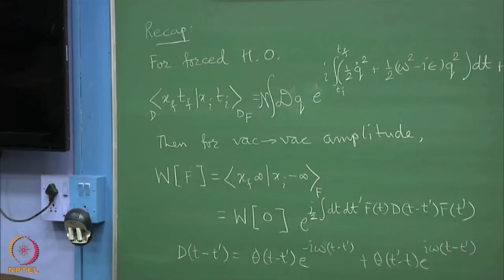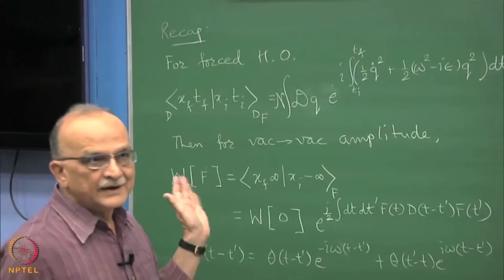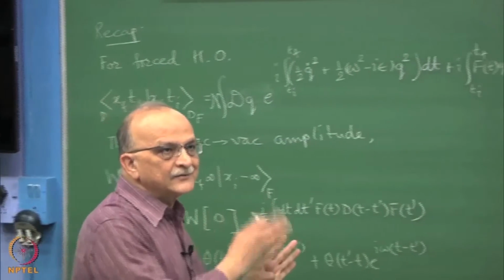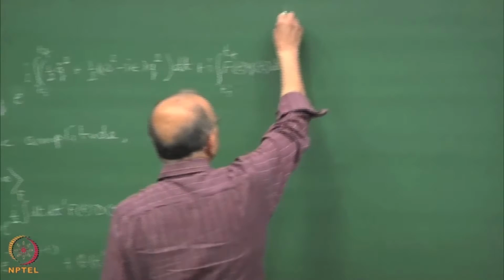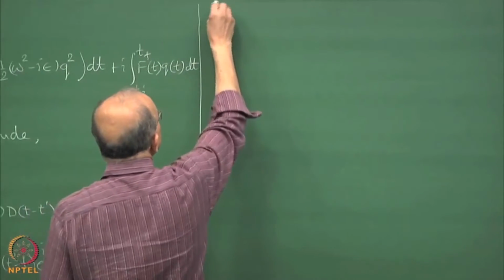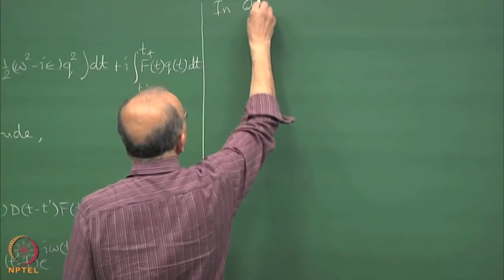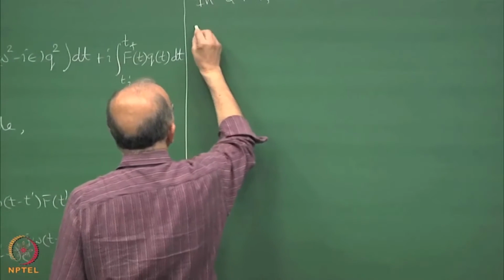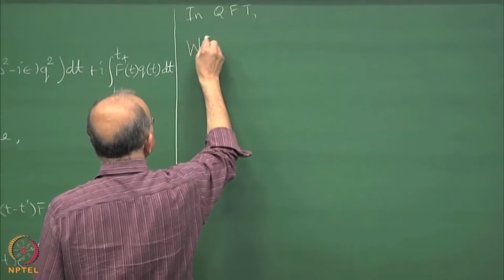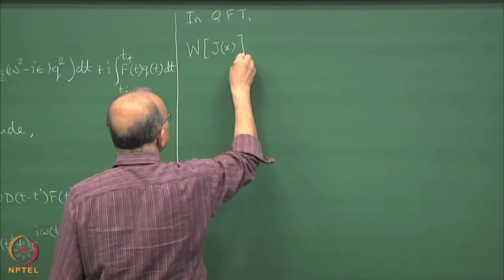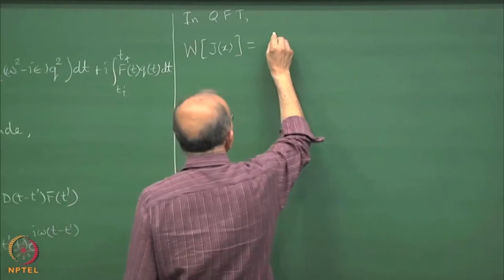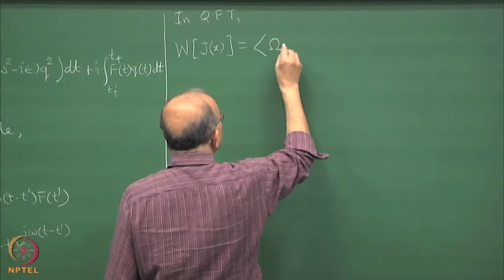Now this whole thing just carries over to field theory, where instead of t we have x, y, z and t. So in QFT, we will have W of J where now J is function of x, which is the so called vacuum to vacuum amplitude.